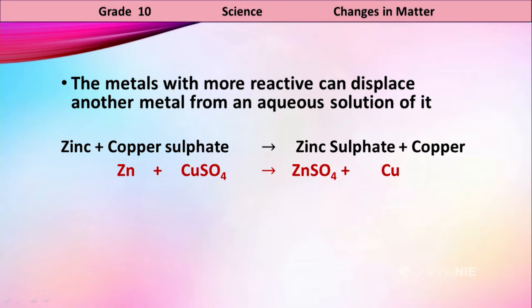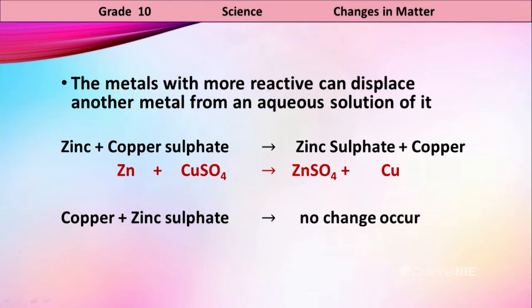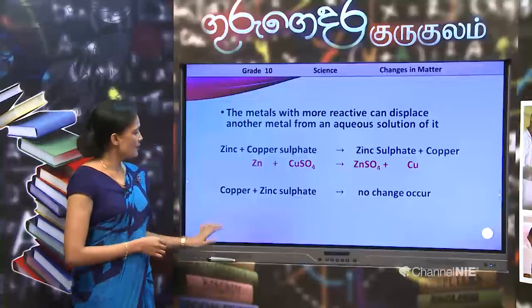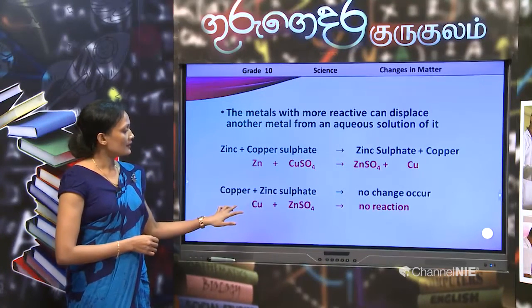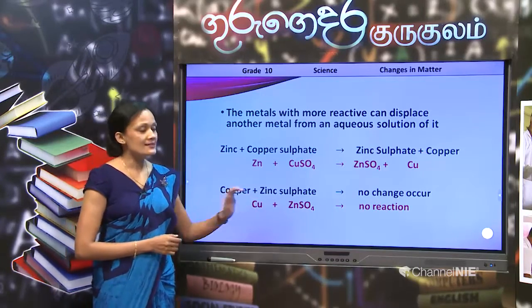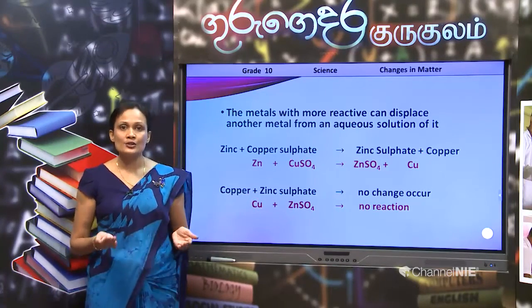That's why it reacts with copper sulfate. Look at this one. If we add copper into zinc sulfate, no change occurs. The reason is copper is less reactive than zinc. That's why it does not react.